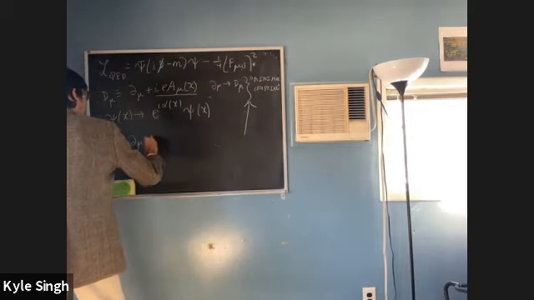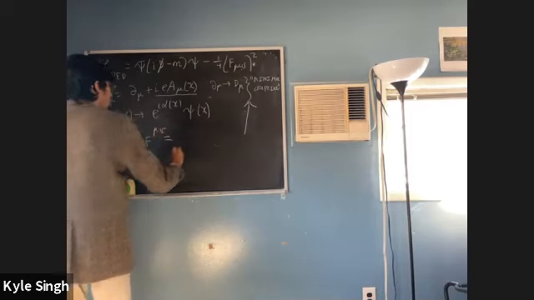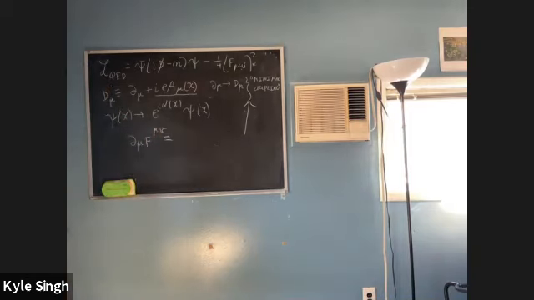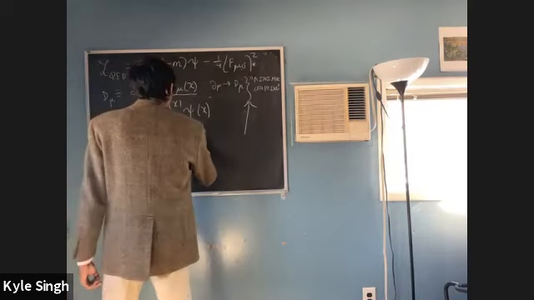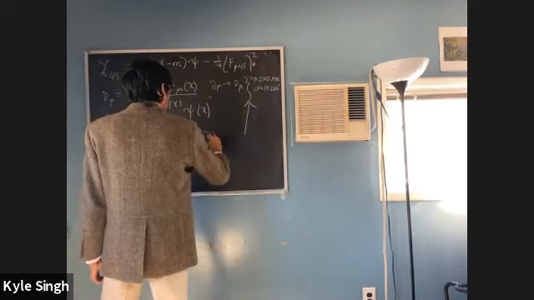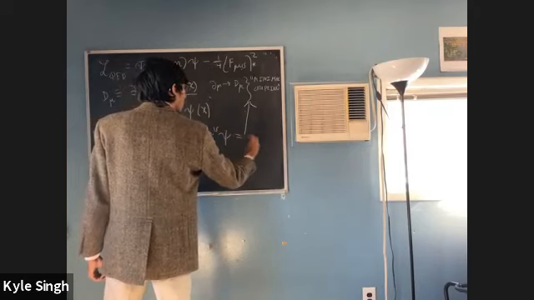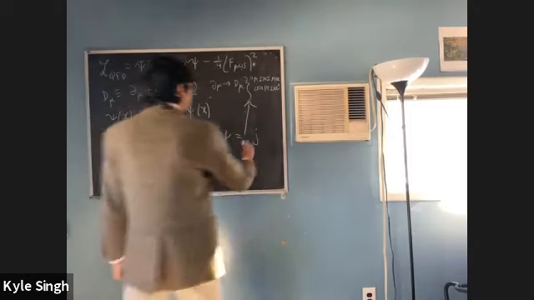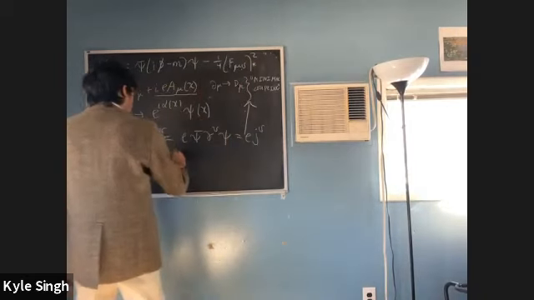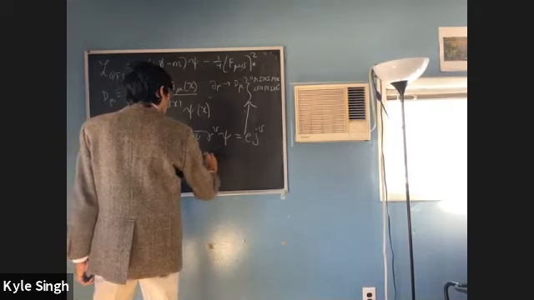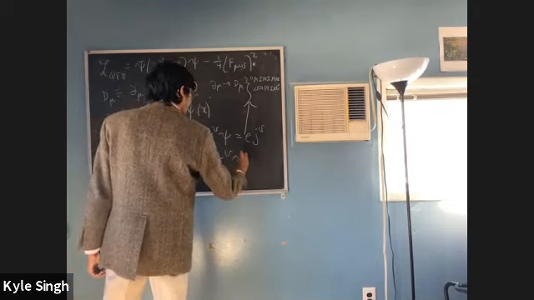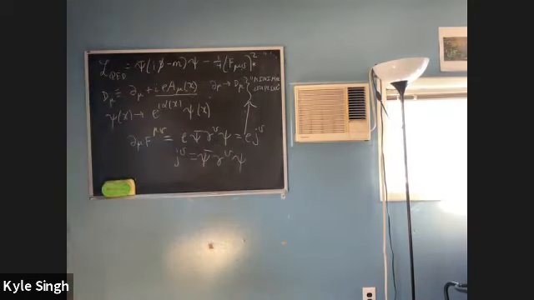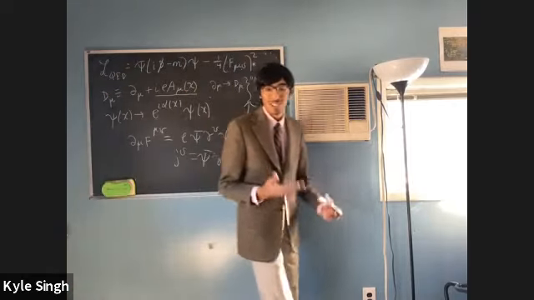We get d mu F mu nu, which should look familiar as the Maxwell equation, equals e psi bar gamma nu psi, equals e J nu, where I define the new current J nu equals psi bar gamma nu psi. Again, we're going to go through this a lot. I just want to show you QED, just the basics.